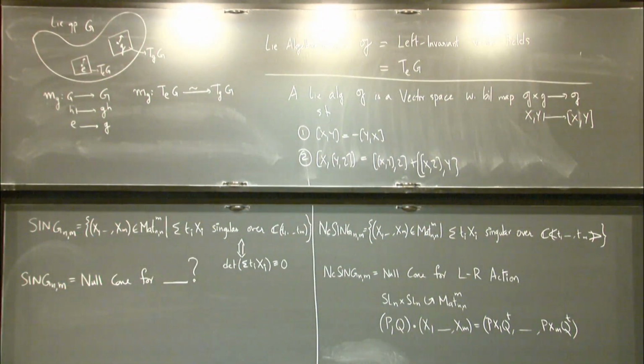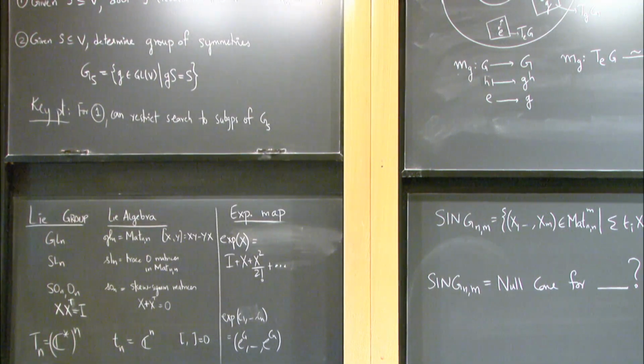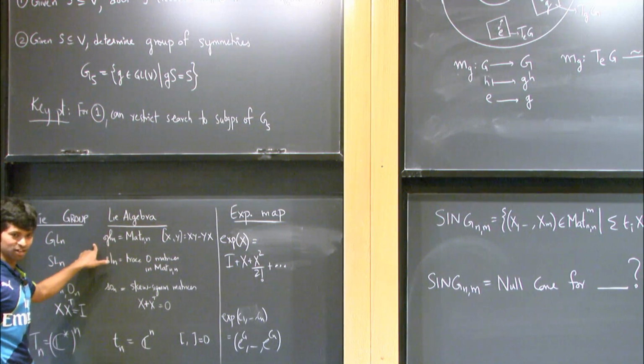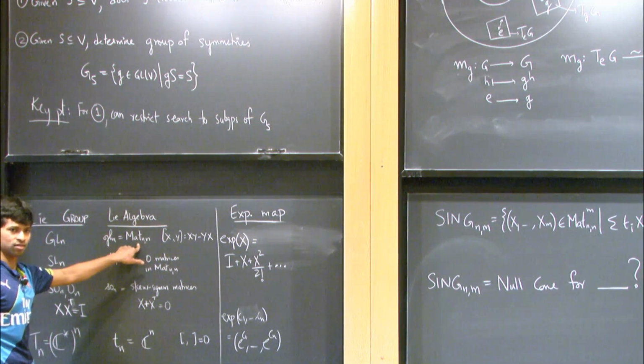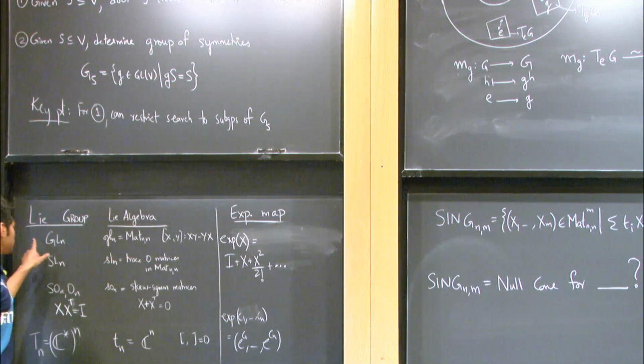Okay, so here are the examples of all those groups that I told you. If my Lie group is GL_n, then my Lie algebra, which I write with this fraktur letter, is just n by n matrices. Now here's a sanity check. What is the dimension of this guy?